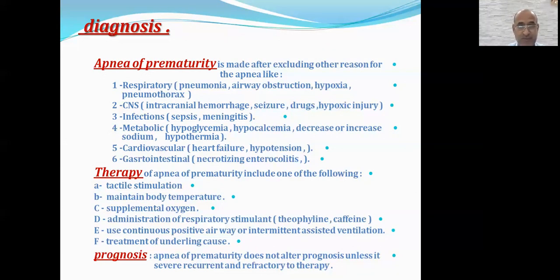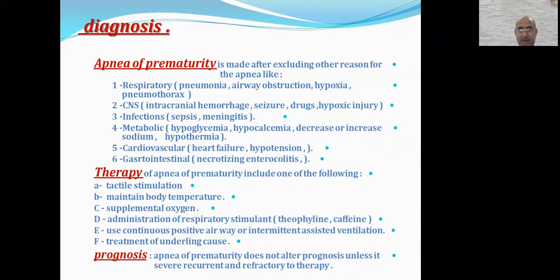Use continuous positive airway pressure or intermittent assisted ventilation, besides treatment of the possible cause. So it is simple to treat, but needs well-trained staff to observe such an important issue.